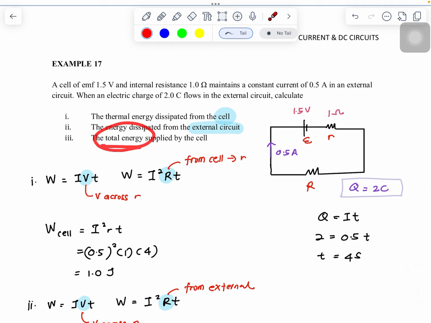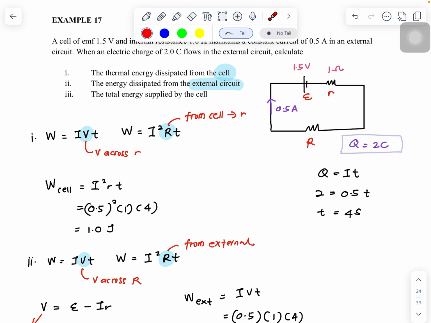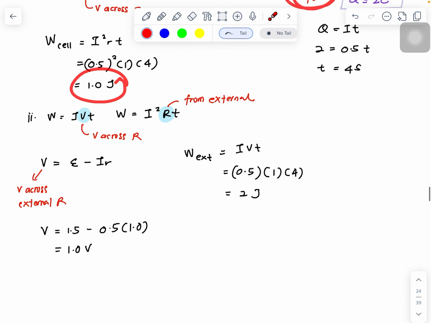Calculate the total energy supply by the cell. Okay, so total. So bila total, kita kira semualah. Okay, so kita kira energy dissipated by the cell, energy dissipated from external. Sebab energy total ni adalah energy yang dibagi kan. So maksudnya dia bagi sikit dekat cell sebanyak 1 joule, and then dia bagi sikit dekat external sebanyak 2 joule.